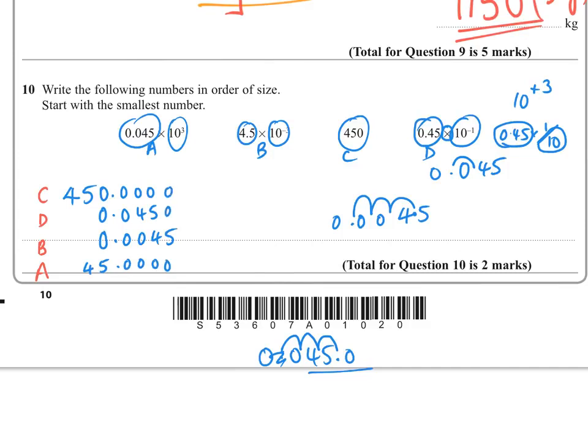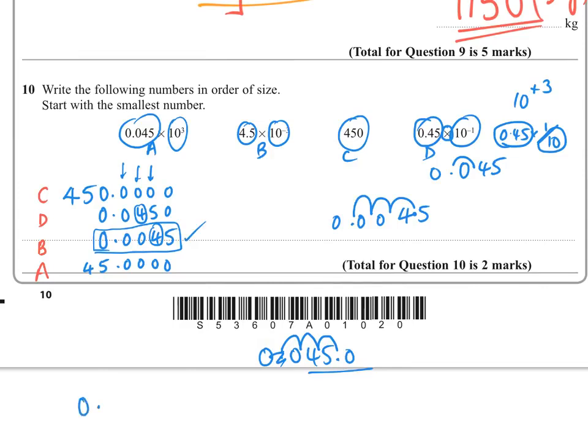Okay, so I've got to do the smallest first. Well, I hope you can see that the smallest one is going to be B here, because if we look at the tenths, the hundredths, it's got 4 thousandths, whereas this one here has 4 hundredths. So this one's going to be smallest.